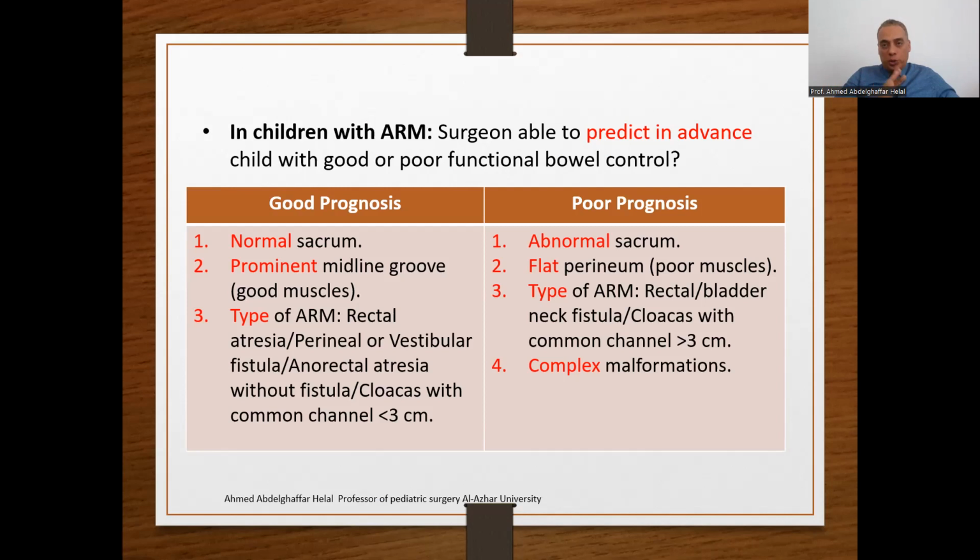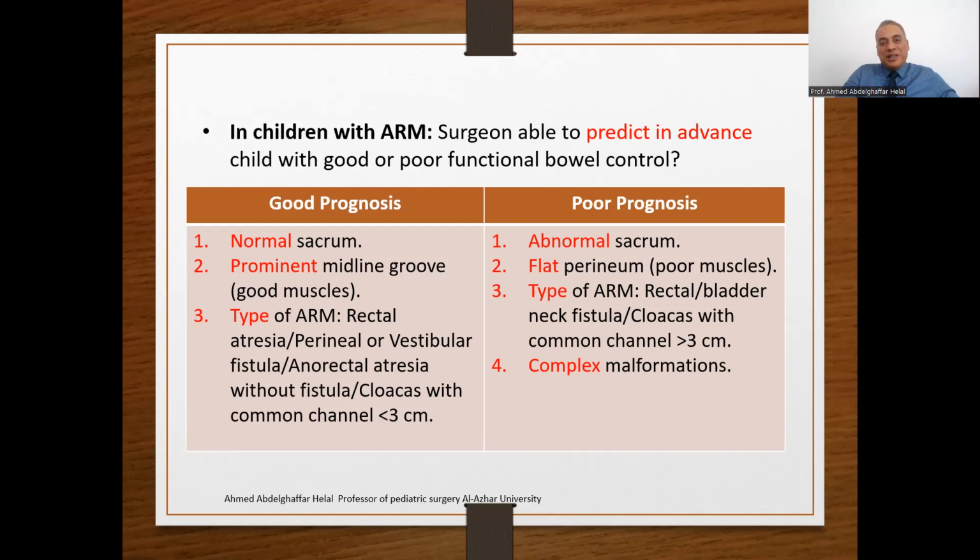This is good prognosis. So they are not suspected to present with true fecal incontinence. However, they may present with pseudo-fecal incontinence from post-operative constipation if this constipation is not recognized early and treated.